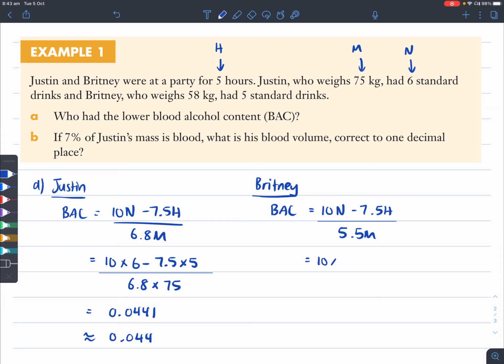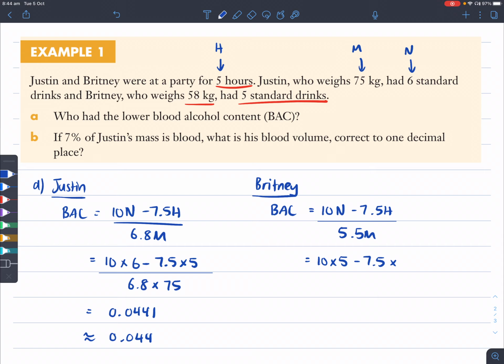She didn't have 6 standard drinks. She had 5 standard drinks this time, so it's 10 times 5 right there. How many hours did she spend there? 5 hours, and her mass is 58 kilograms.